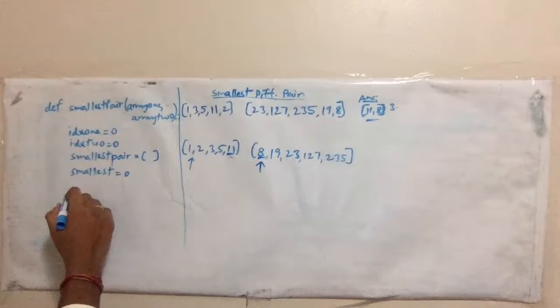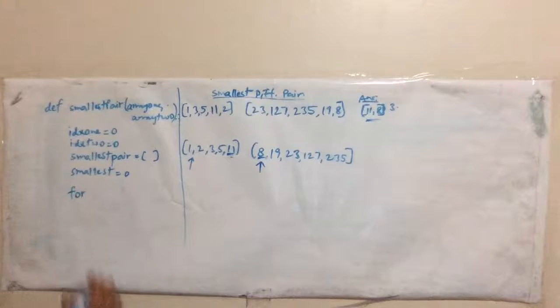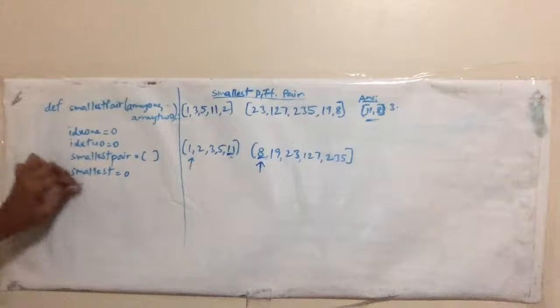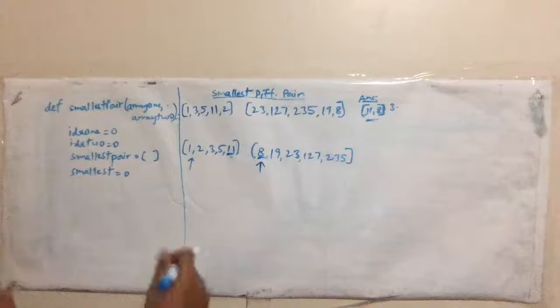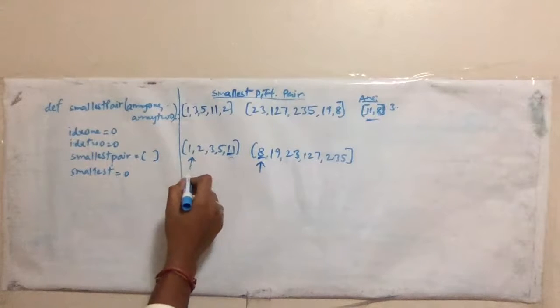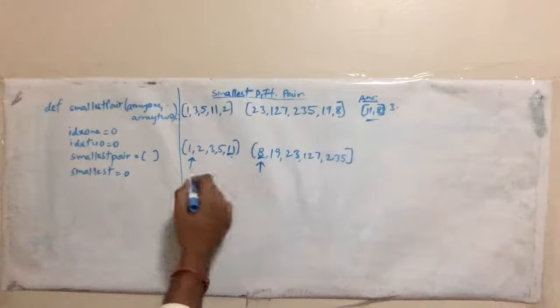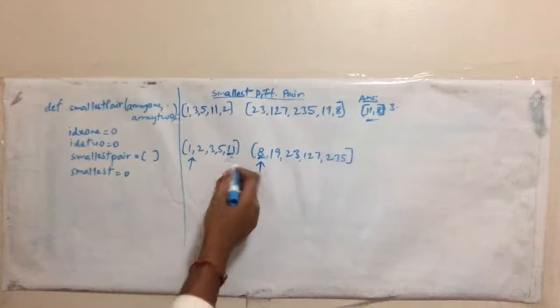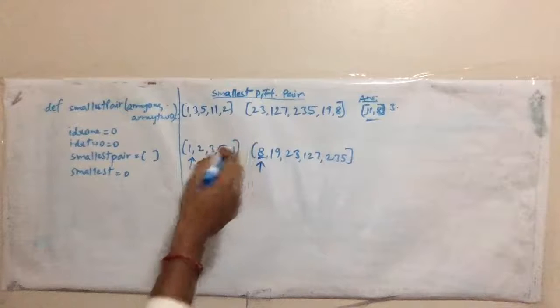So start iterating. This is not a fixed number of iterations that we know in advance, so we need to go with the while loop. We just need to check that the indices are less than the actual lengths.